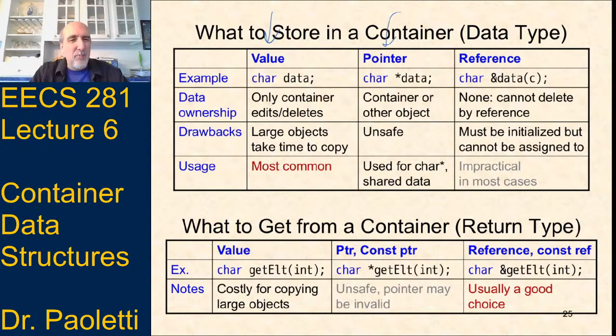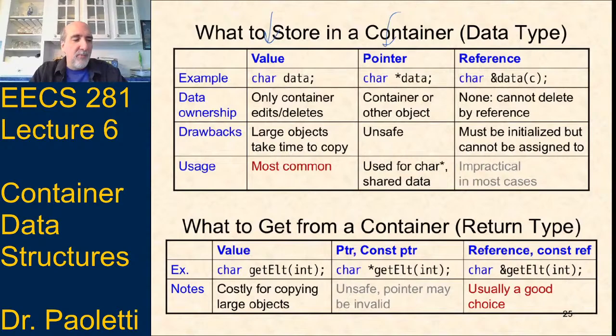Well, you could claim that the container owns it, or you might claim someone else owns it. You've got to decide. It's a little bit unsafe to use because if I have a pointer to somewhere in memory and someone else deletes it, then my container is invalid now. My container has a vector of char pointers, and one of my char pointers has been deleted, and I shouldn't be looking there anymore. So it's a little bit unsafe.